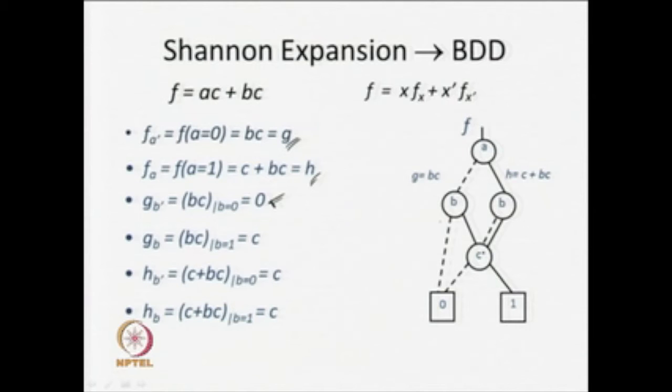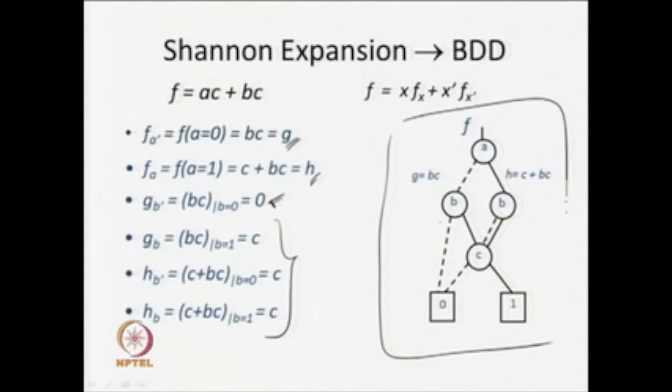Now, these sub-functions depend on c. If c is equal to 0, the functional value is 0, and if c is equal to 1, the functional value is 1. So from c I have a dashed line coming to 0 and a solid line pointing towards the terminal node 1. Eventually, I get this BDD. So, this is the BDD of the given function ac plus bc.